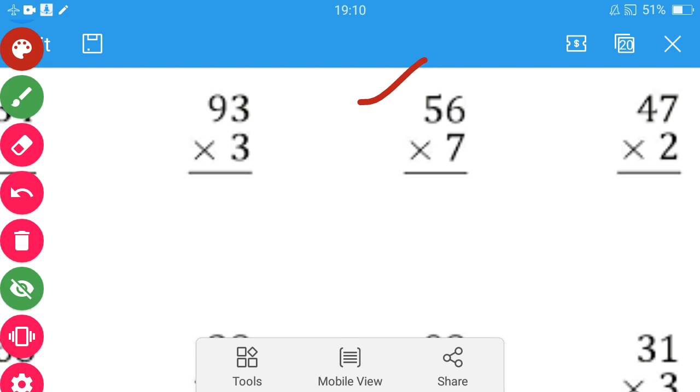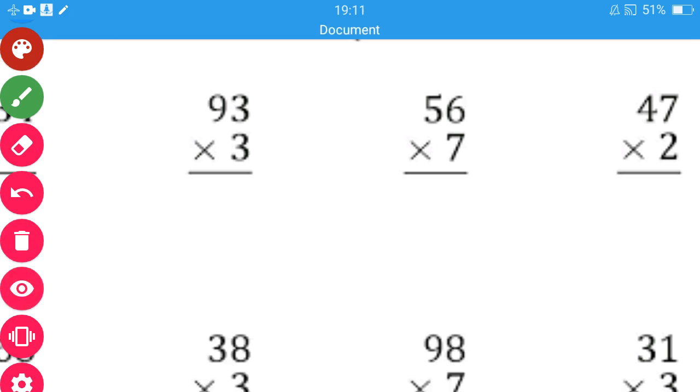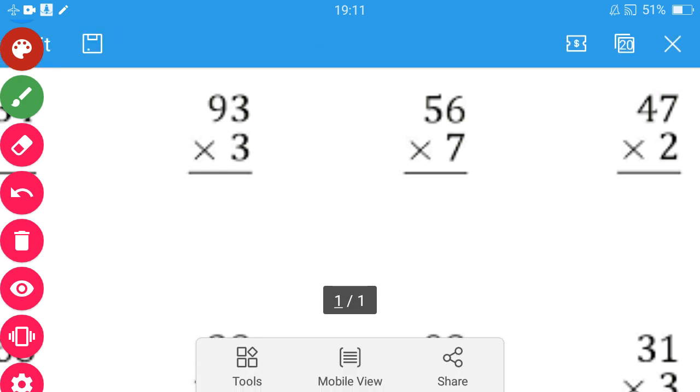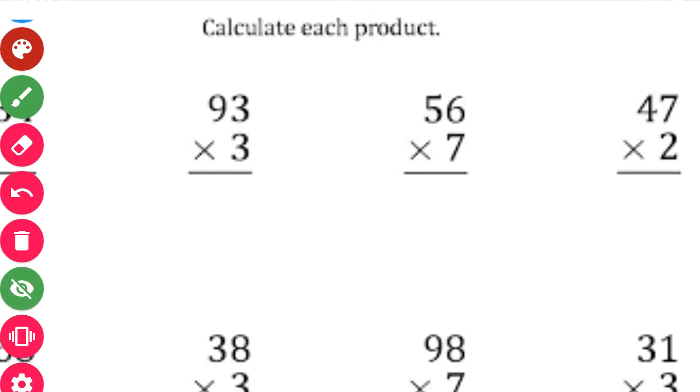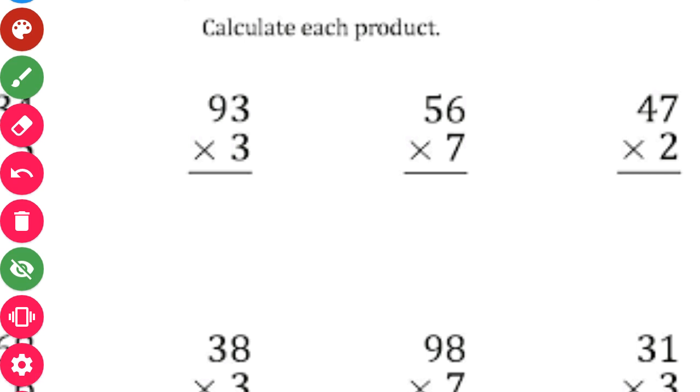So we will start with ones place. At ones place we are having 6 and 7. So what we will do? We will multiply 6 into 7. So better multiplying 6 into 7, how much we will get? Tell me.